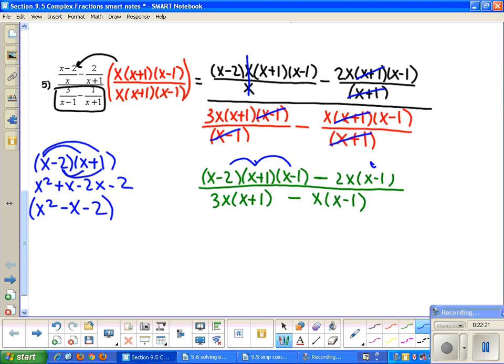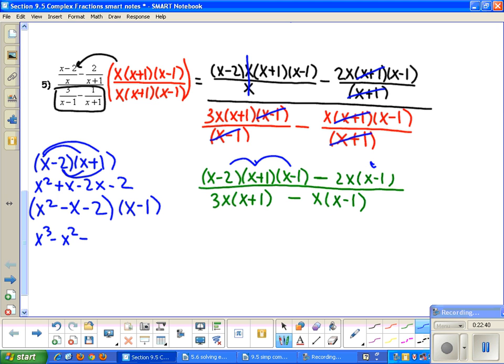And then this is going to be all multiplied by x minus 2, or no, x minus 1, because we already did x minus 2. So now when I multiply this, I have all three terms, so I'm going to FOIL it again. x squared times x would give me x cubed. x squared times negative 1 is negative x squared.